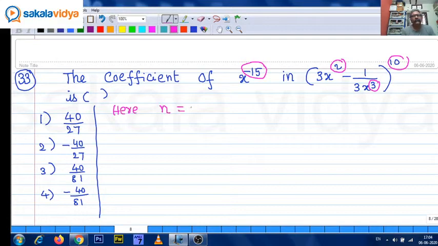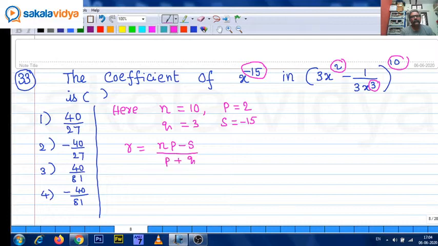Here n equals 10, p equals 2, q equals 3, s is equal to minus 15. Formula: r equals (np minus s) upon (p plus q). np is 20, minus s, minus of minus is plus 15, upon p plus q, which is 5. 35 by 5 is 7.